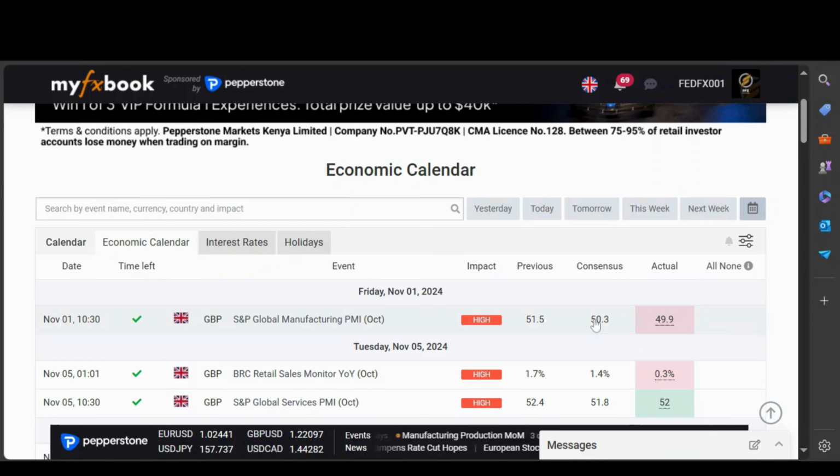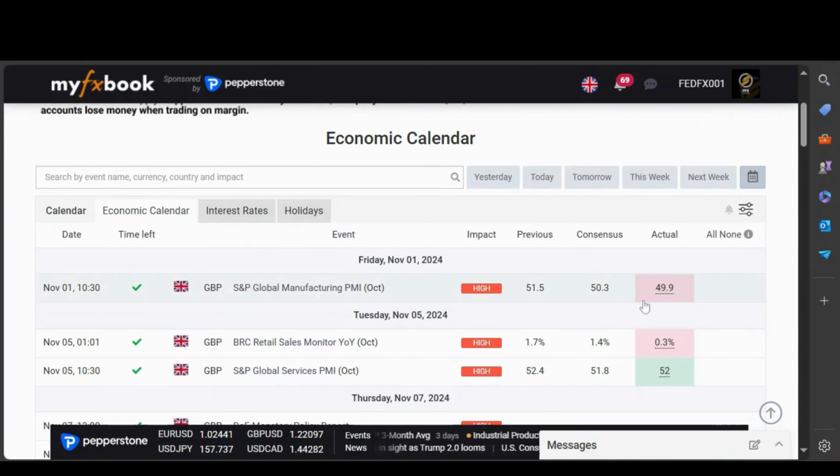Anything lower than 50 indicates economic contraction, and it shows that the manufacturing sector of that economy is contracting. It's a key data for knowing how the manufacturing sector of an economy is performing, and this is not good for the economy, I mean the contraction, right.